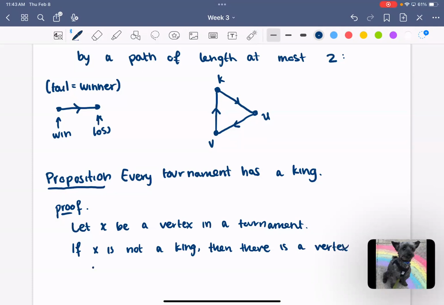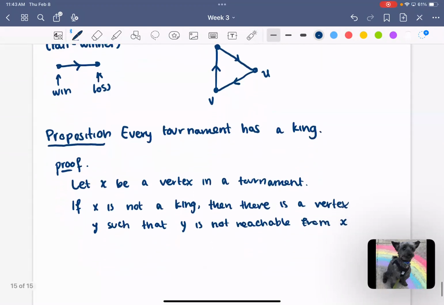So there's a vertex Y such that Y is not reachable from X by a path of length at most 2.